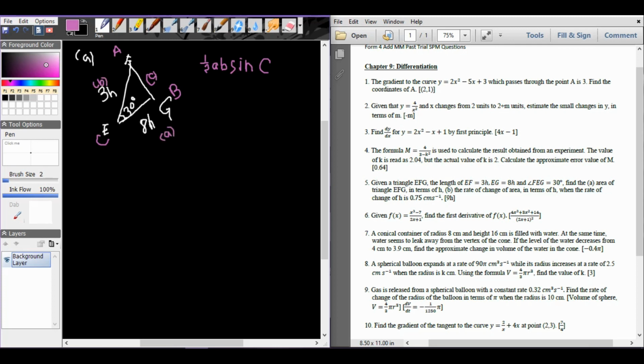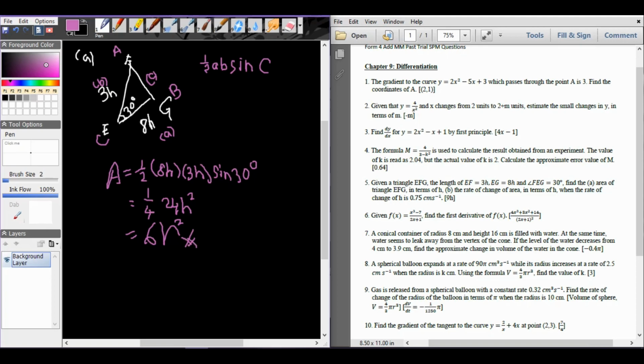So we can use this formula. The area of EFG equals half times a, 8h, times b, 3h, times sine 30 degrees. Sine 30 degrees is 1 over 2. 1 over 2 times 1 over 2 gives 1 over 4. 8 times 3 is 24h squared, so you will have 6h squared.